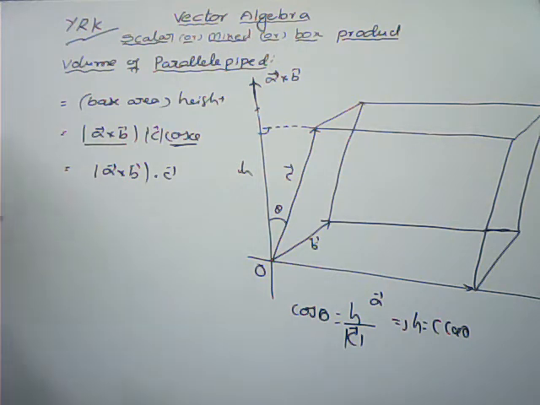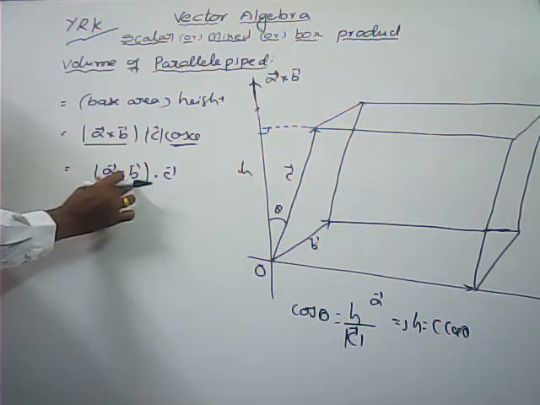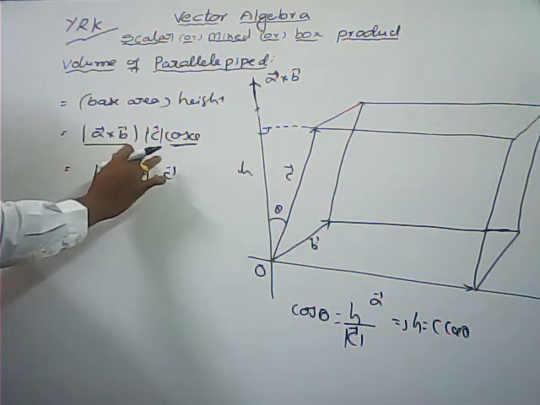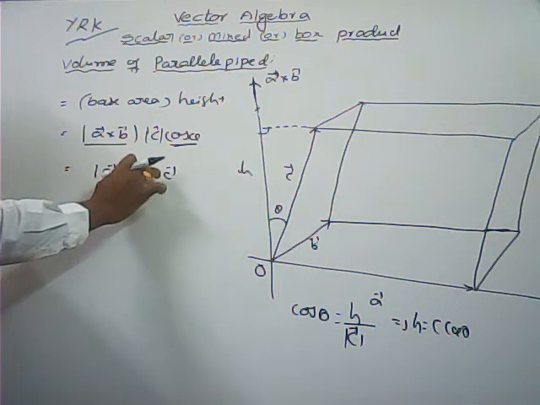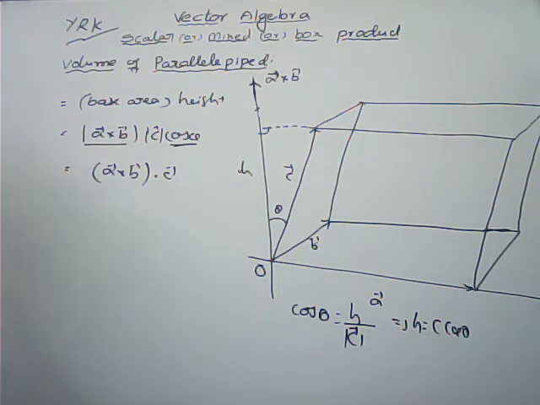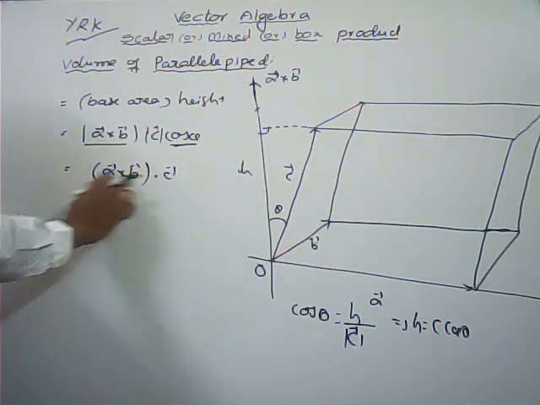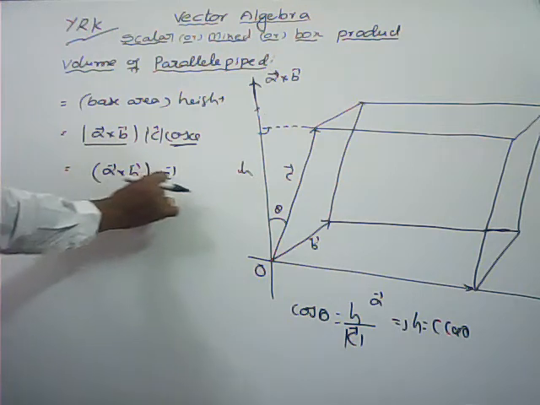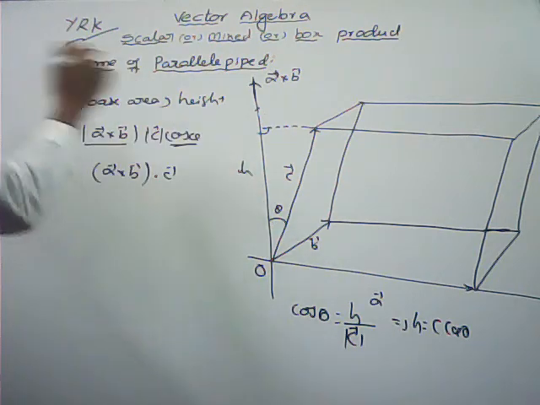A bar dot B bar is modulus of A bar, modulus of B bar, cos of angle between A bar and B bar. So here A bar cross B bar dot C bar. How to expand this one? Modulus of this one, modulus of this one, cos of the angle between these two, theta we have taken.